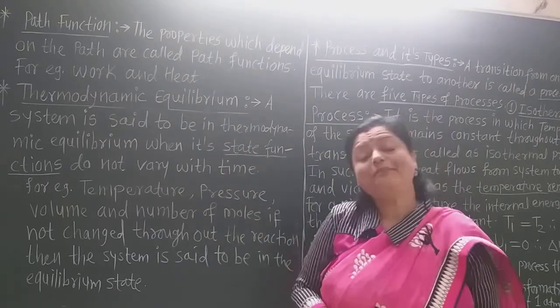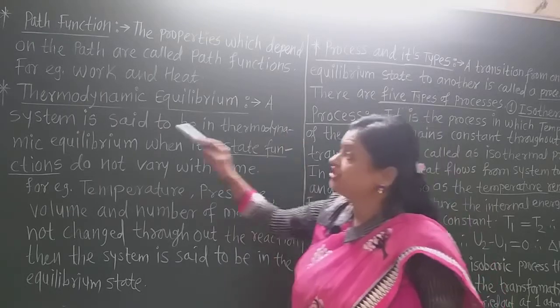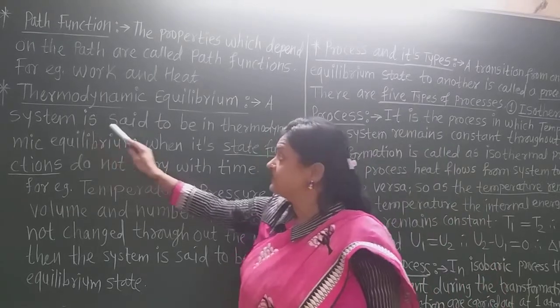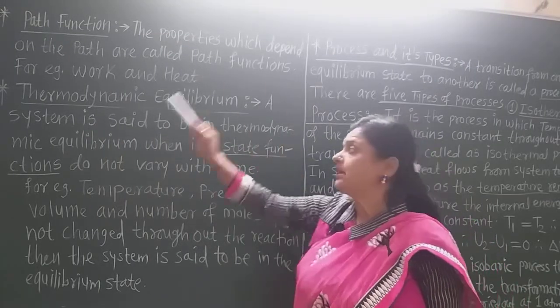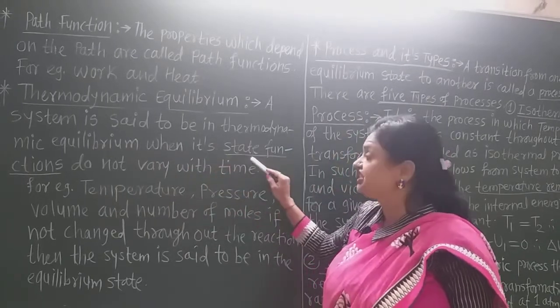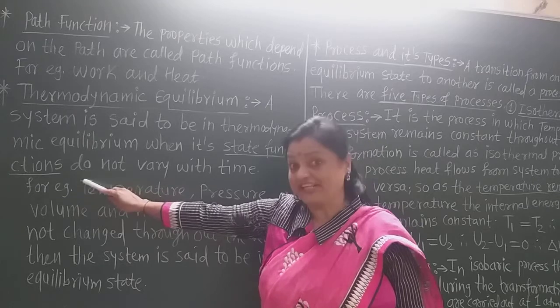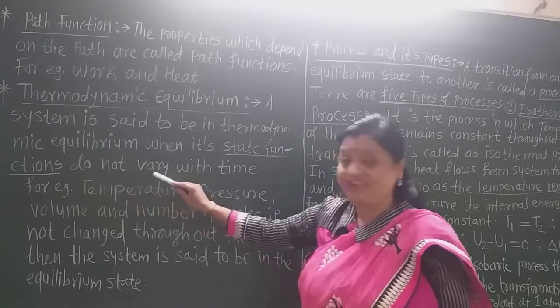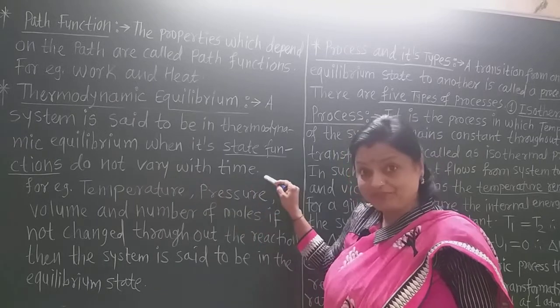Now what is the definition of thermodynamic equilibrium? A system is said to be in thermodynamic equilibrium when its state functions, volume, pressure, temperature, etc., do not vary or change with time.